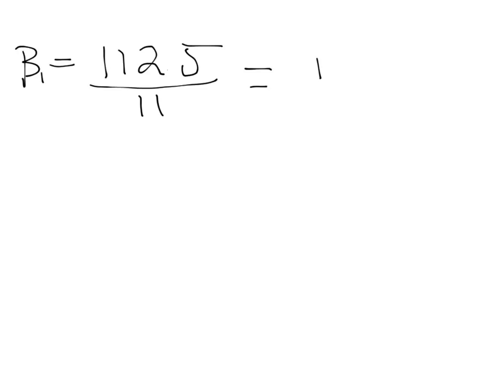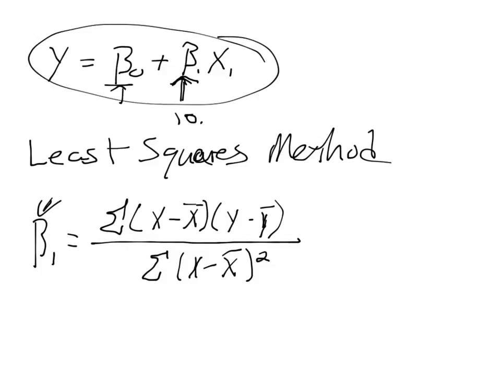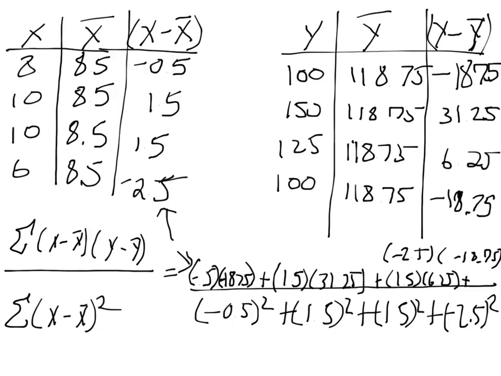So, we'll round it to the second decimal place, 10.23 is my slope coefficient. Okay, so beta 1 hat, my estimate of the slope of this line that we were projecting from before, is 10.23. Now I need to find the intercept term.